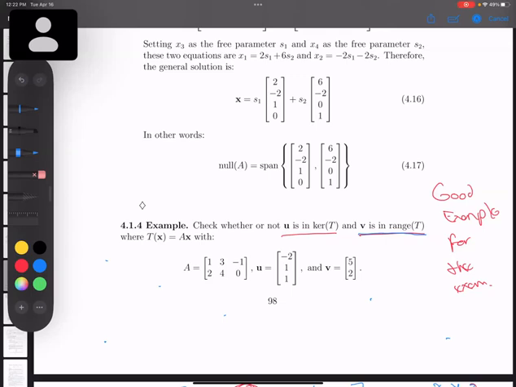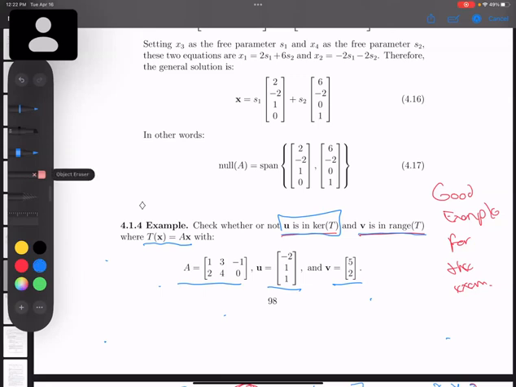This is 2 by 3, so it's a little bit more complicated. You cannot solve this using the inverse matrix. Let's say the first one: is U in the kernel of T, where T of X is defined by AX, and A, U, and B are given like that?